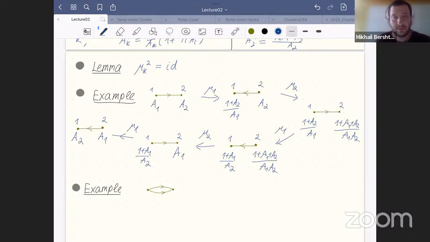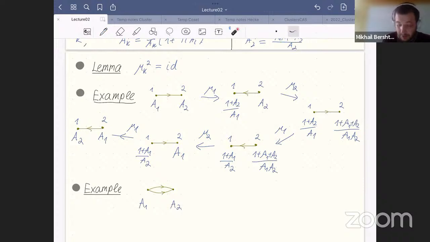Questions about this example? Okay, let me briefly show you another example. The same, but now we have two arrows, and initial numbers A1 and A2.